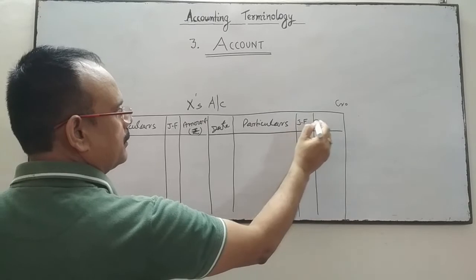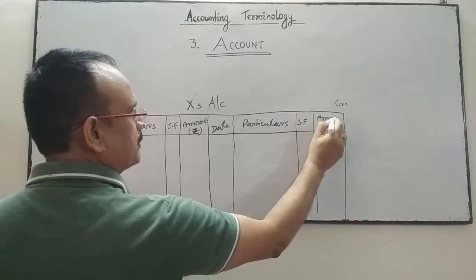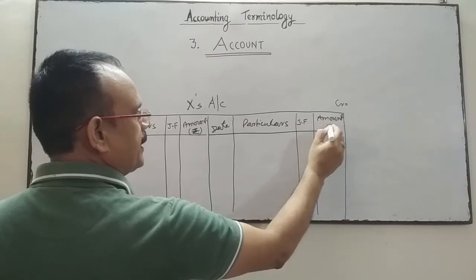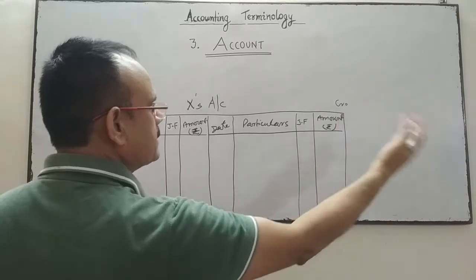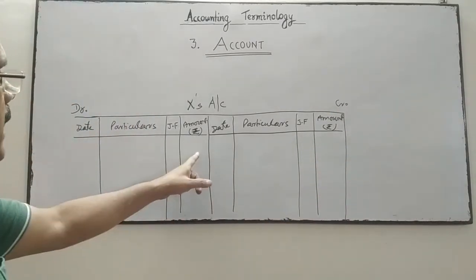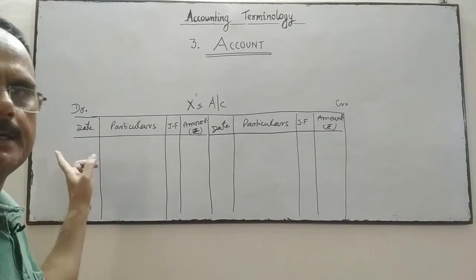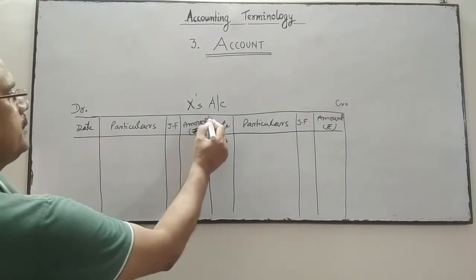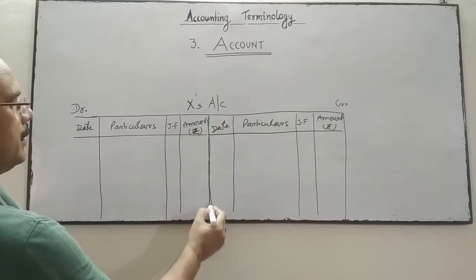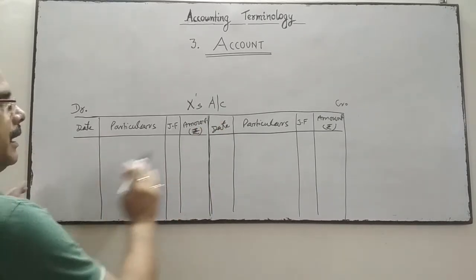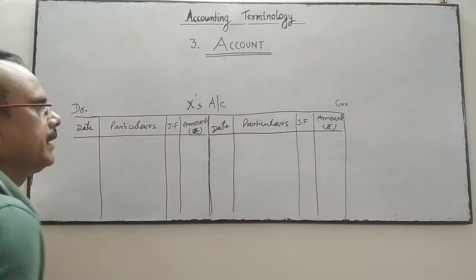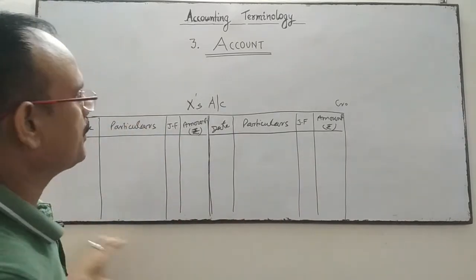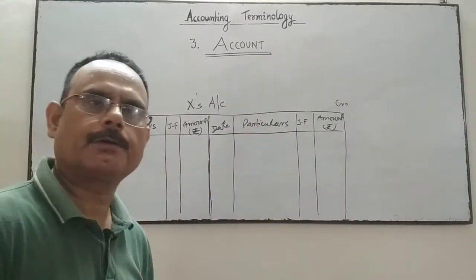Same thing I have repeated in the right side as what I have written in the left hand side. Date, particular, JF, amount. This is the format of a ledger, this is the format of an account.